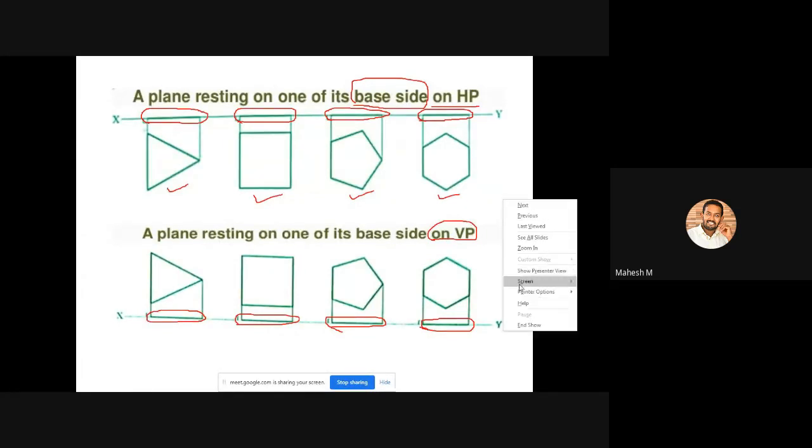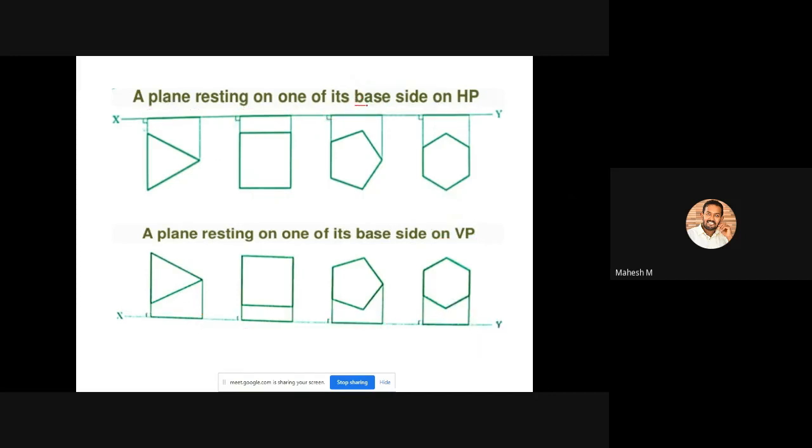Also you have to remember one thing clearly in your mind. It is base side, it is not base corner. So you will have two conditions: one is base side and another one is base corner. For each and every plane, you will have edges and also corners. For a triangle, you have three edges.